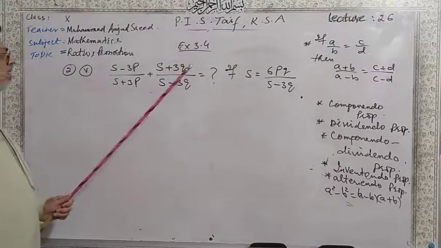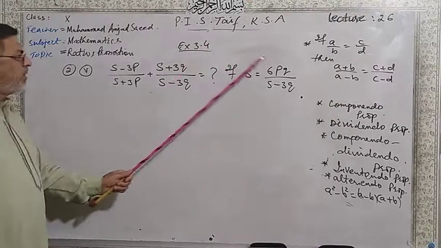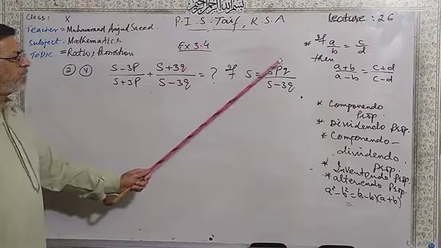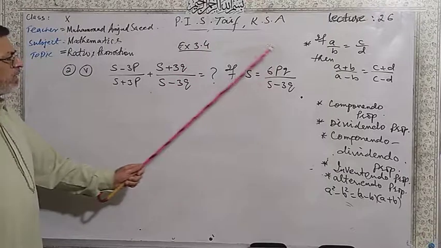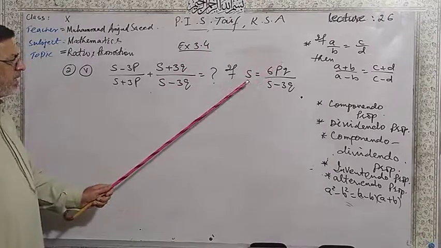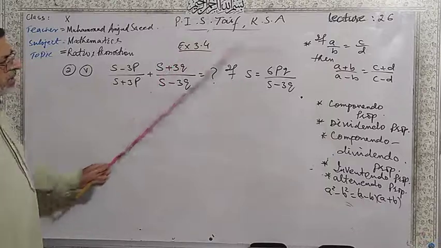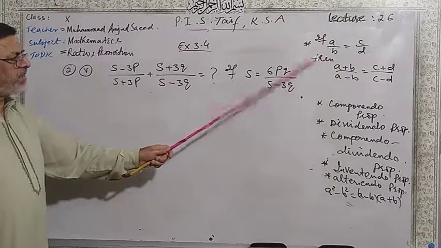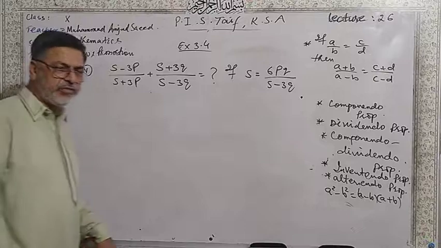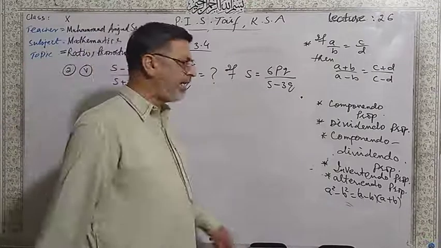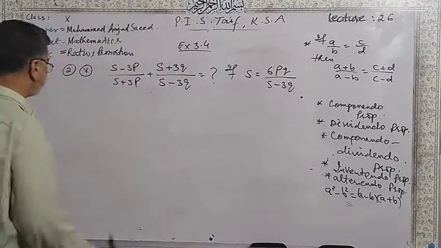After this, second part, you have to bring 3q from right hand side under S, and then you will apply componendo and dividendo property and you will get equation number 2. And after that, by adding, you will get your answer.